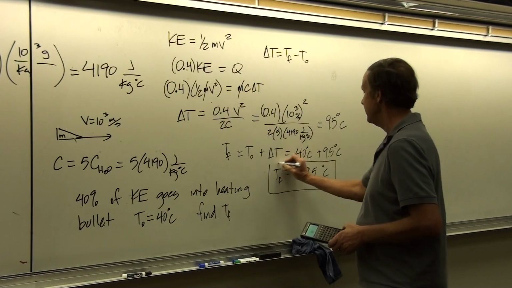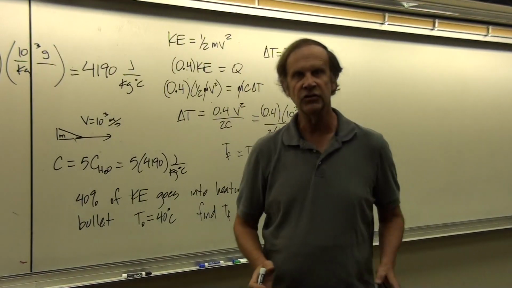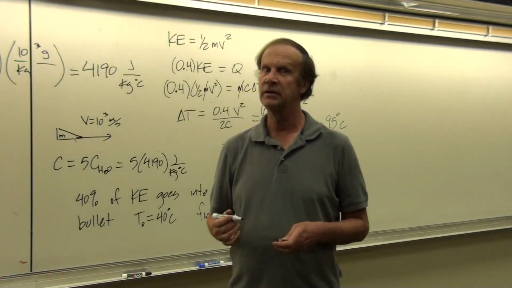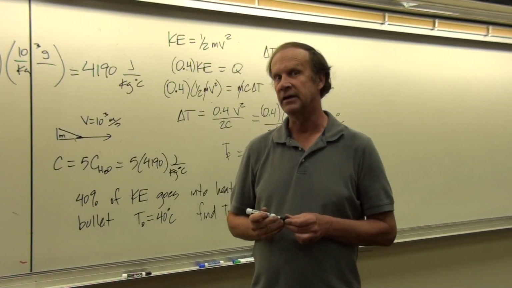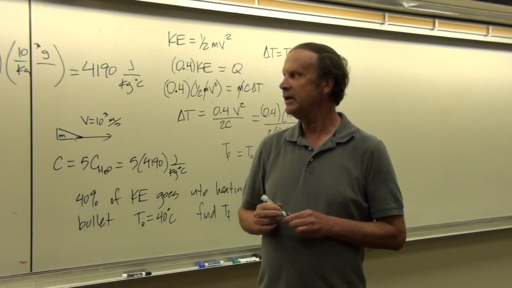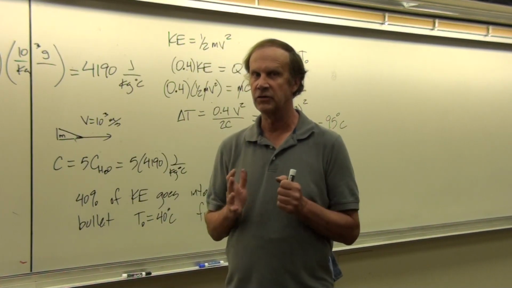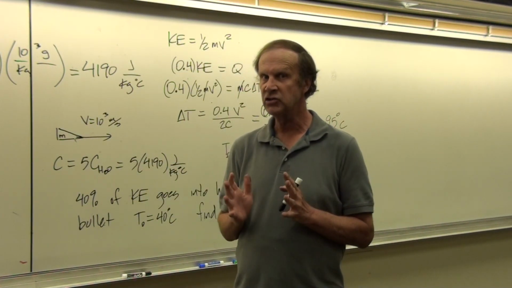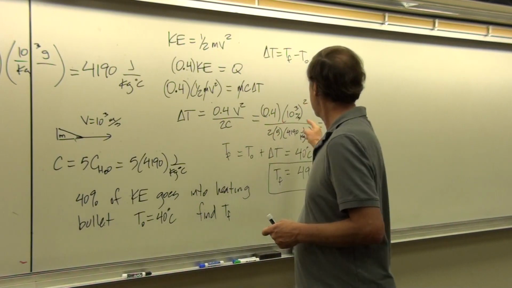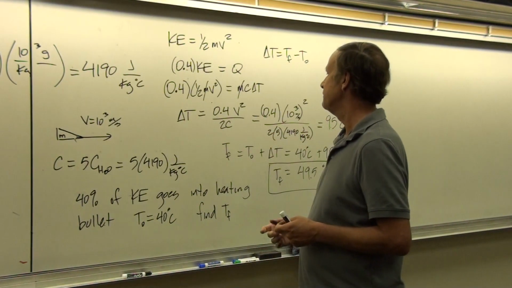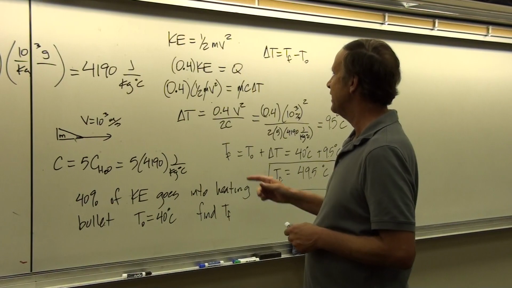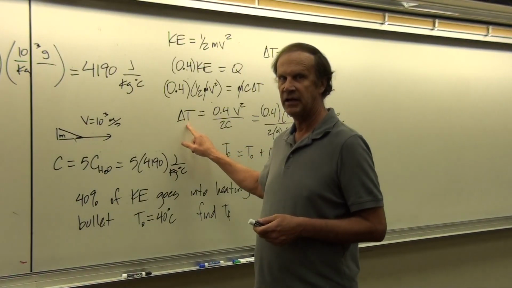Now you might wonder, I said before that you need to use degrees Kelvin, so why am I using degrees centigrade? Well, an increment of degrees centigrade is the same as an increment of degrees Kelvin. So a change of 9.5 degrees centigrade is the same as a change of 9.5 degrees Kelvin.